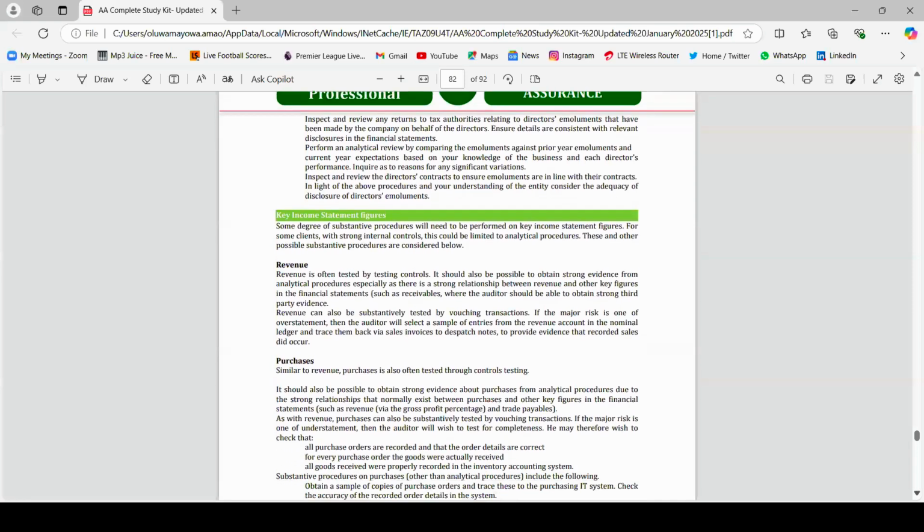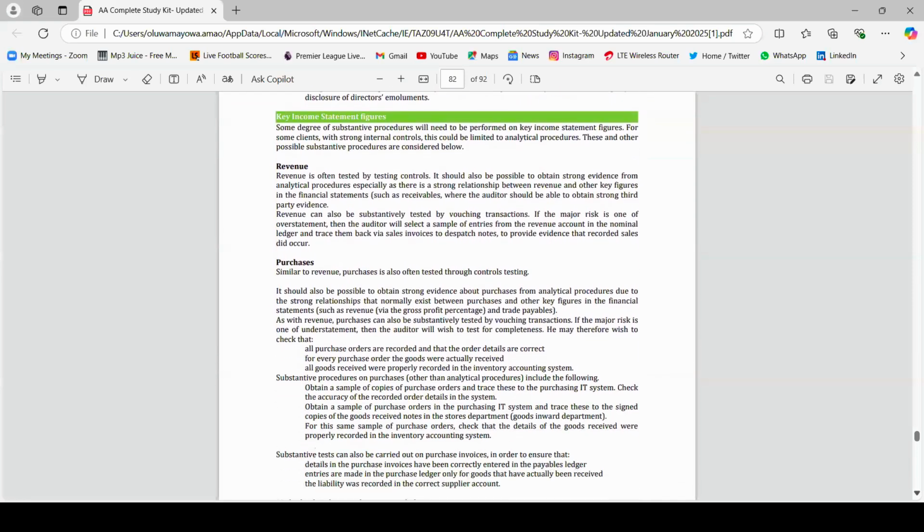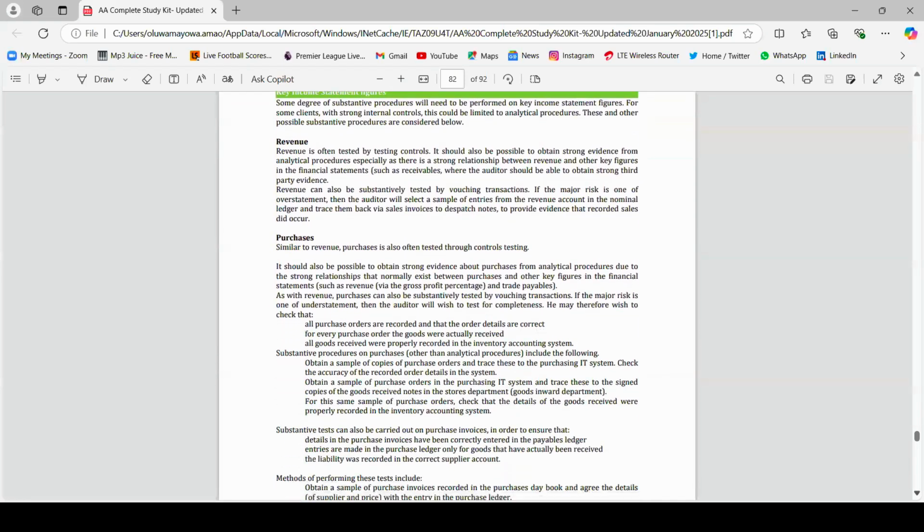Now, under your income statement, there are two areas that the auditors want to focus on: your revenue and your purchases. He wants to focus on all the other areas of the income statement, quite all right. But he also wants to test your revenue and your purchases as well as your expenses. Why is it important that the auditor should focus on the revenue? This is where the auditor can determine if there is a material misstatement of overstatement.